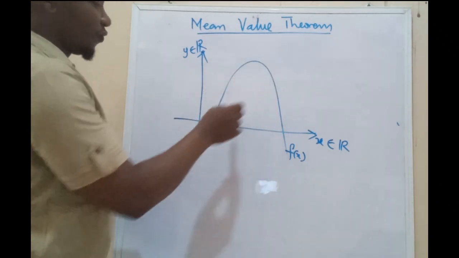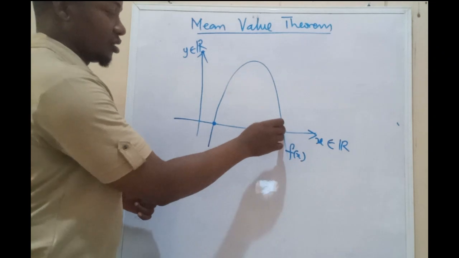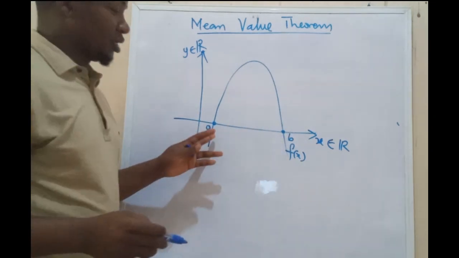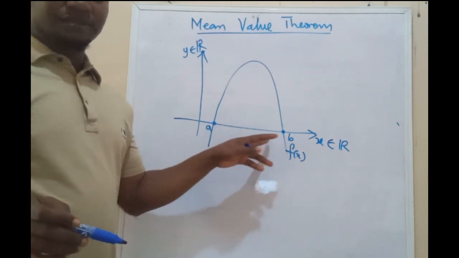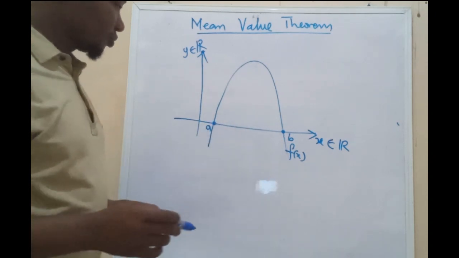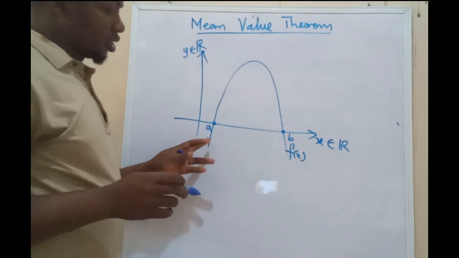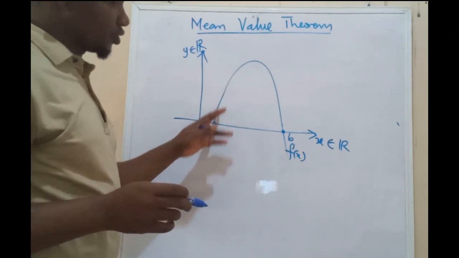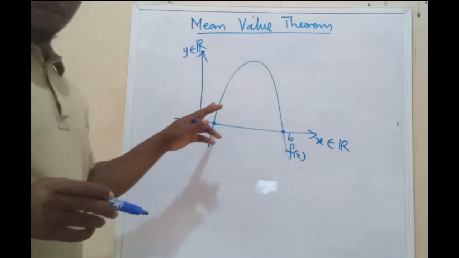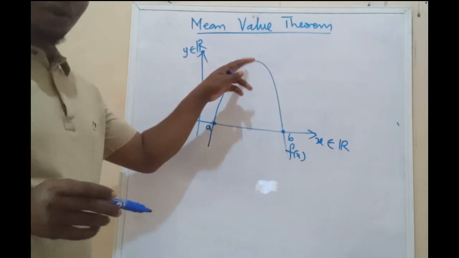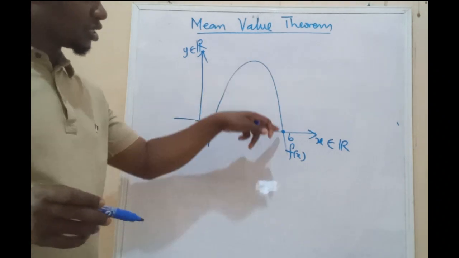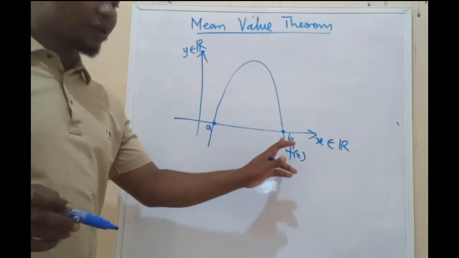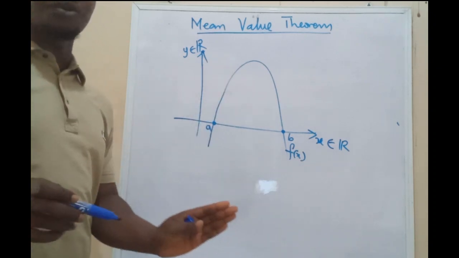So this curve, as we have it in the theorem, is defined in the interval a and b. From here you see that this function is continuous everywhere, because there is no jump or a hole throughout the interval. That is, the function is defined throughout the interval. That was the first assumption.